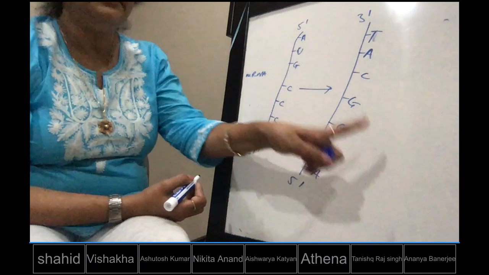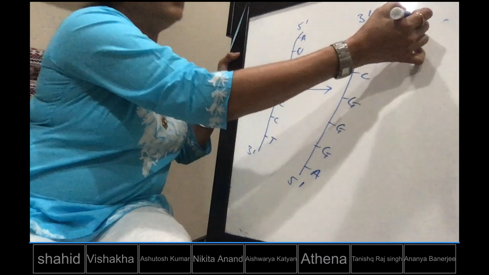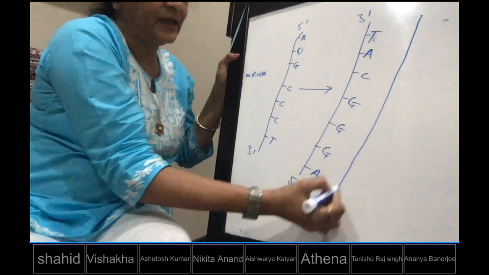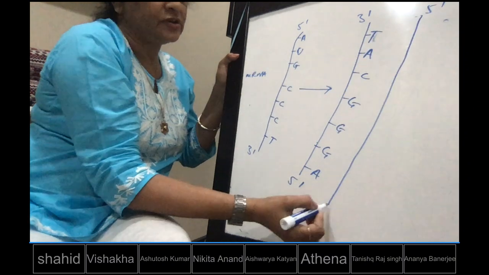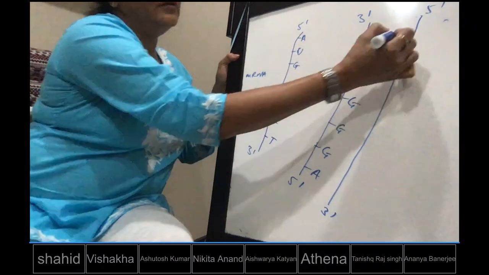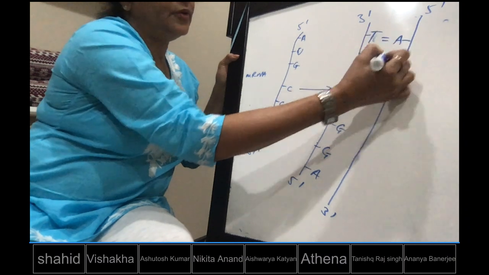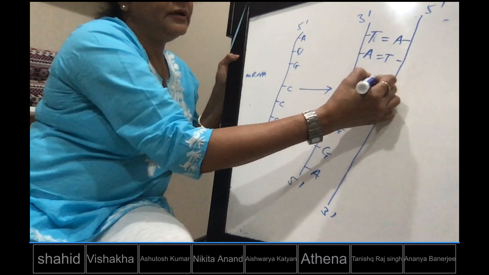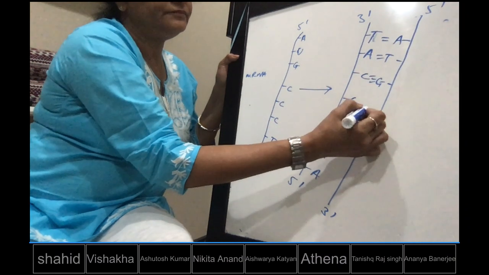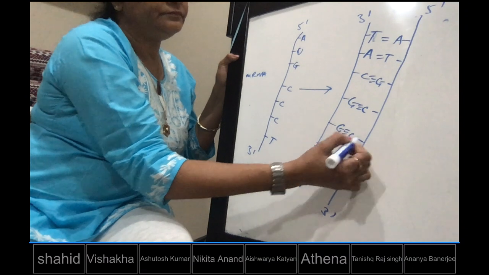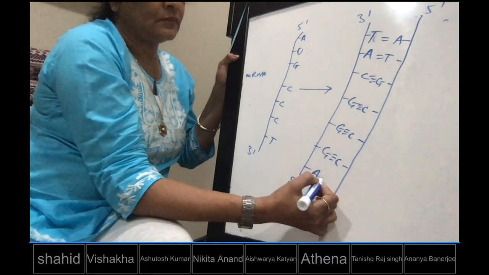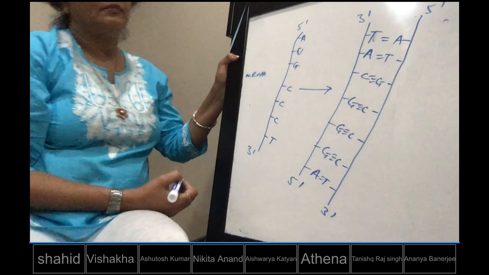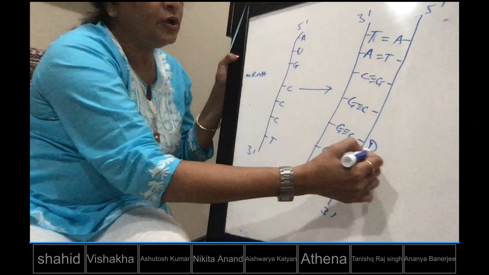Now DNA is a double helical strand. So obviously the 5 dash 3 dash of the DNA will be A double bond T, triple bond G. ये हो गया तुम्हारा DNA मॉलिक्यूल.